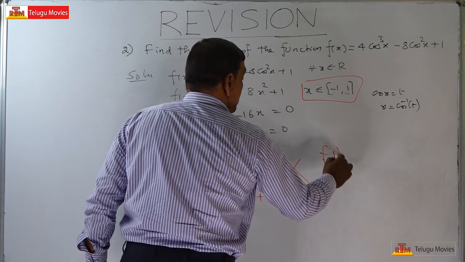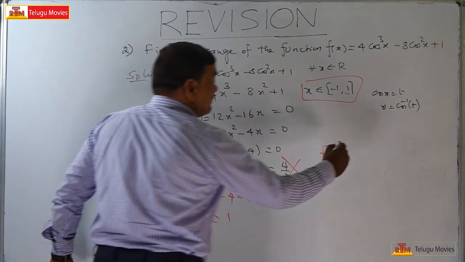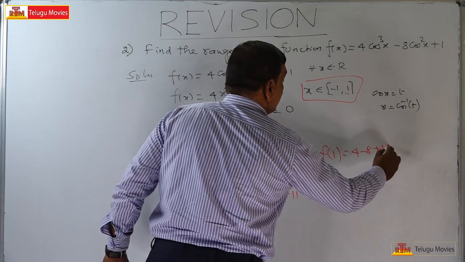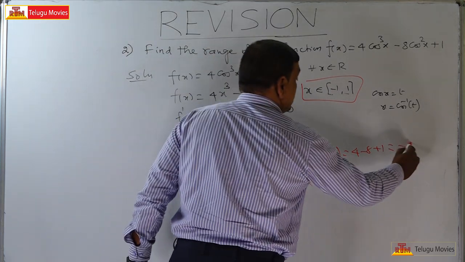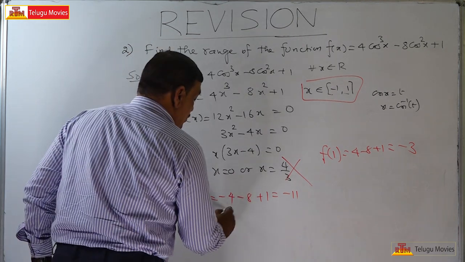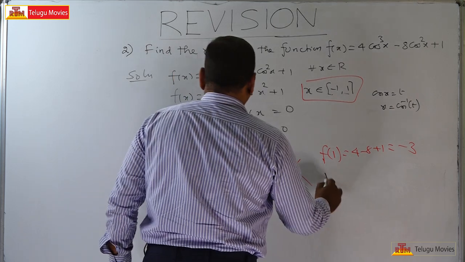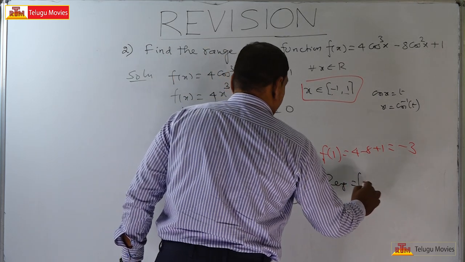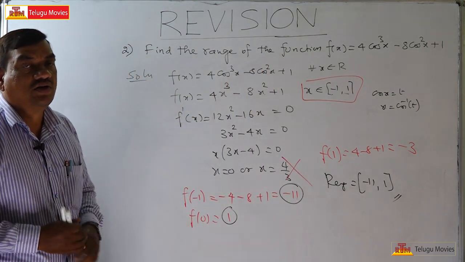F of 1: 4 minus 8 plus 1. 4 plus 1, 5. 5 minus 8, minus 3. So, in this, what is the maximum value? 1. What is the minimum value? Minus 11. What is the range? Range is equal to minimum value and maximum value. Minus 11 comma 1. Understand?